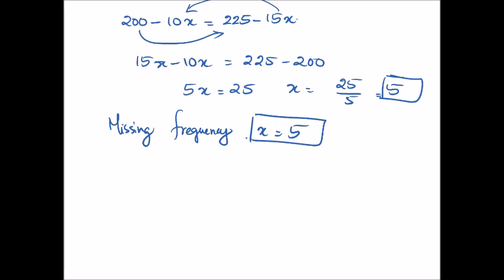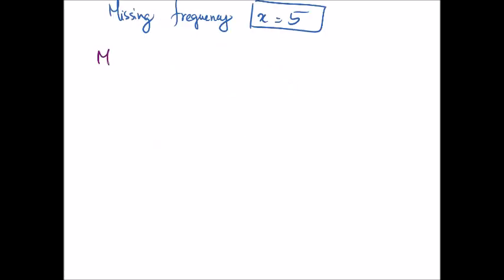Now we need to find the value of the mean. We know the formula: mean is equal to sigma fi xi the whole divided by sigma fi. So we will draw a table.